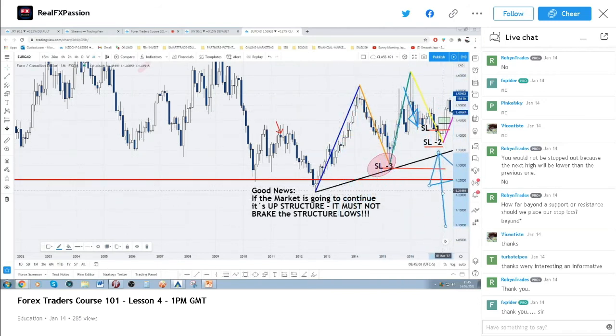And this is the logic why stop loss number 3 is the safest place to put the stop loss.